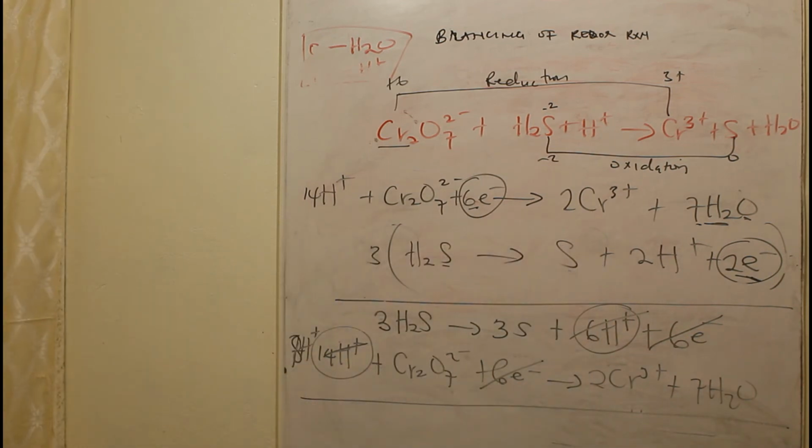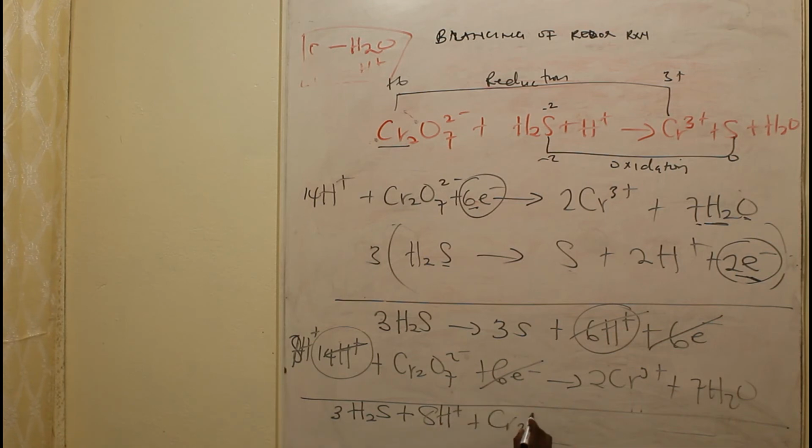The overall reaction will be 3H2S plus 8H plus plus Cr2O7 2 minus to give you 2Cr3 plus plus 3S plus 7 water molecules.